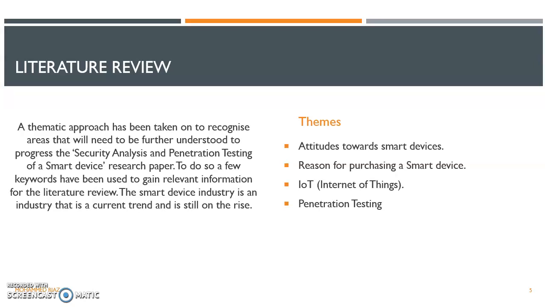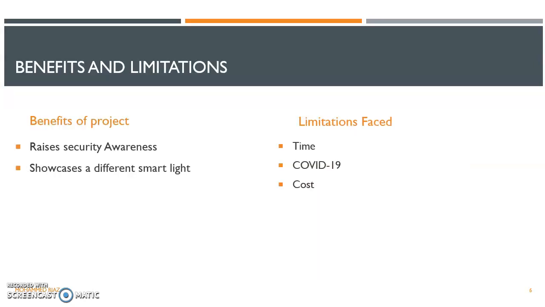The review was beneficial as it gave me a better understanding of who this project would benefit, and it also provided me with a better idea of the attitudes towards smart devices and how aware people were of the security side of it, rather than just how functional it can be.